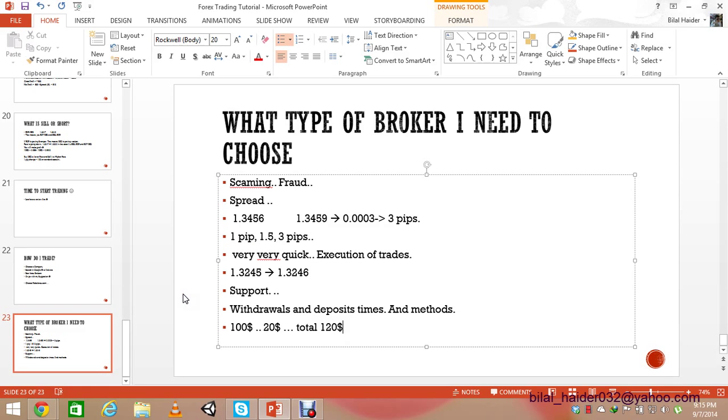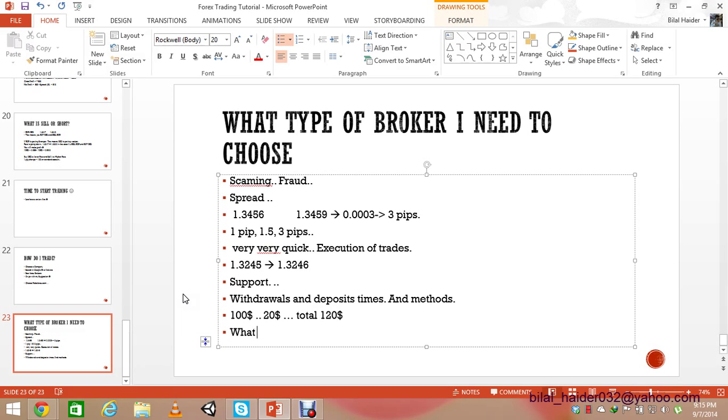So there is actually one more point which is very important in here: what type of deposit bonus, and how much, they are offering you. When you're choosing a broker, there are lots of brokers out there which offer you a welcome bonus.